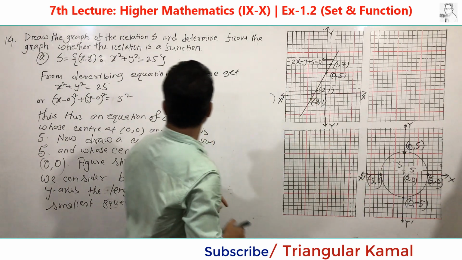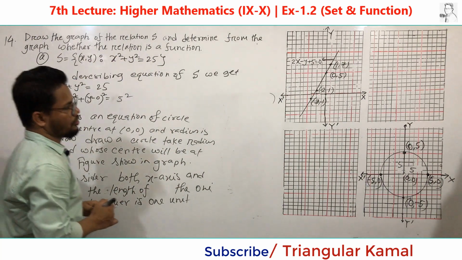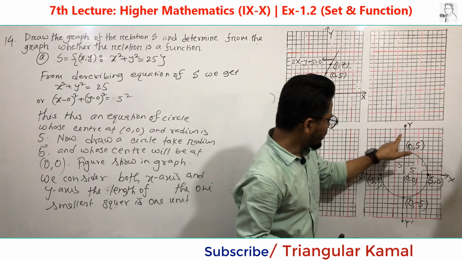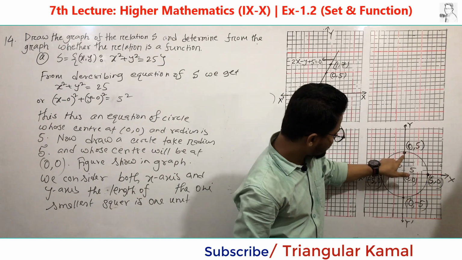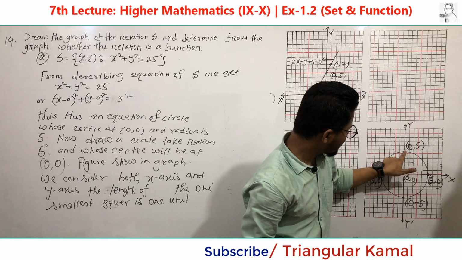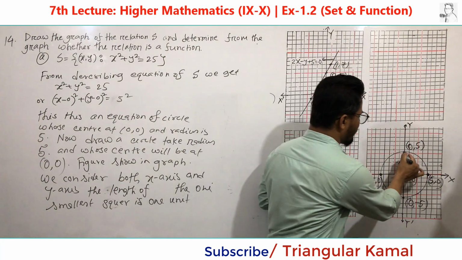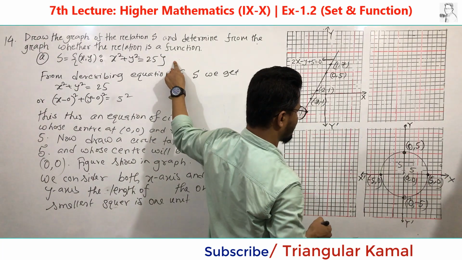Now second step, whether the relation is a function or not. In the last class we said, the y-axis intersects at how many points? This is (0, minus 5), this point is (0, 5). So we get 2 points where the y-axis intersects the given relation.